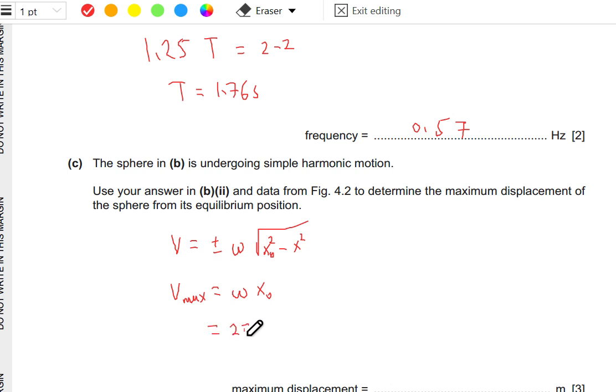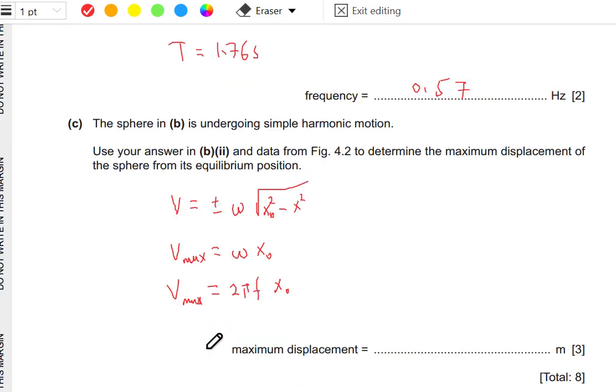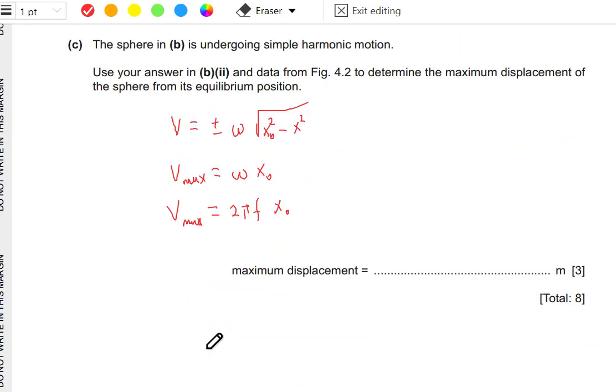Omega is 2 pi f. We have just calculated f, and x naught is what we want. So we can rearrange, substitute, and find the answer to be like that.